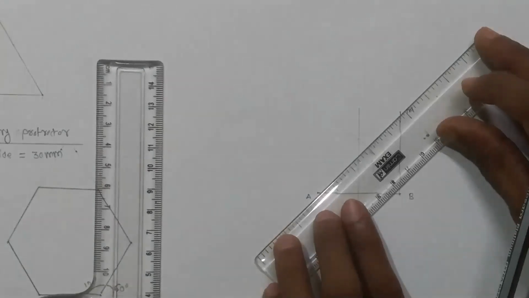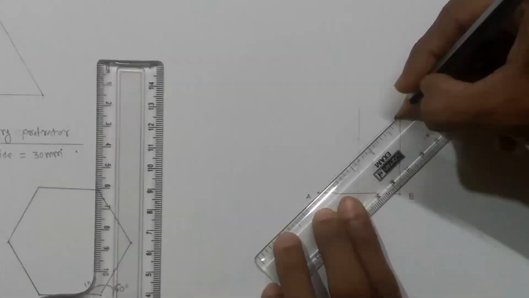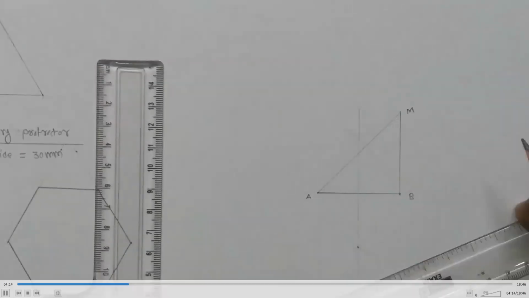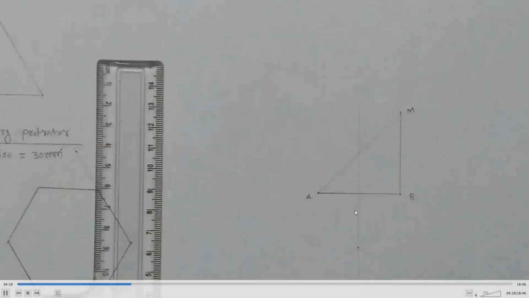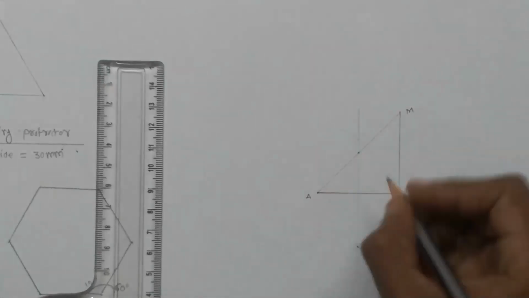Now next step is connect point A and M. So draw a straight line from point A to M. So you will get the intersection of this line AM on the bisecting line. So mark this point.